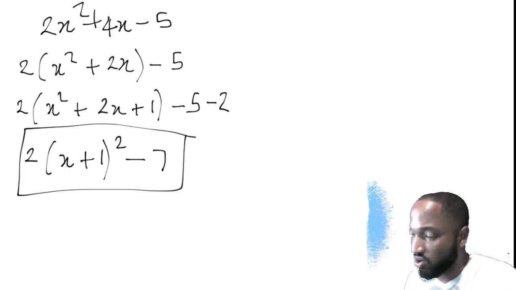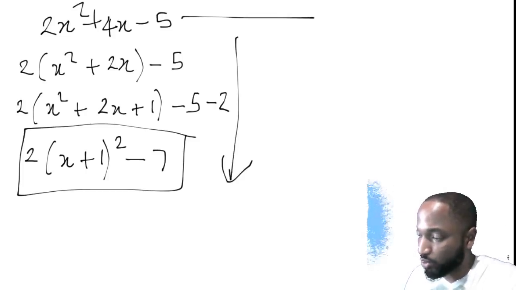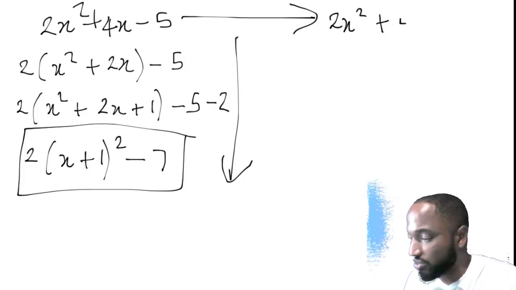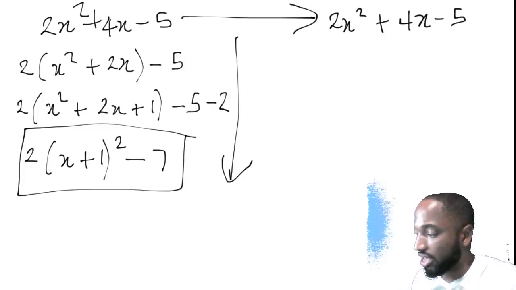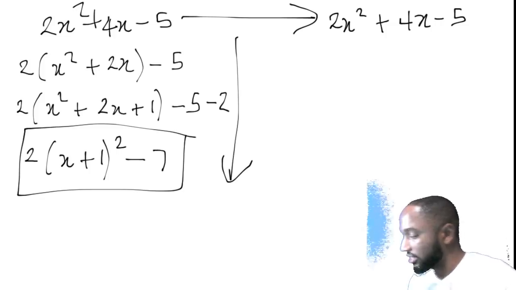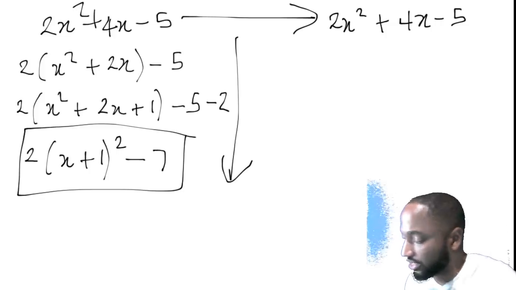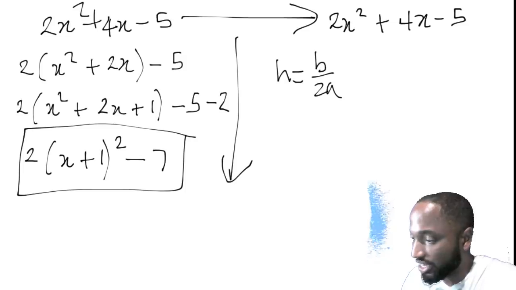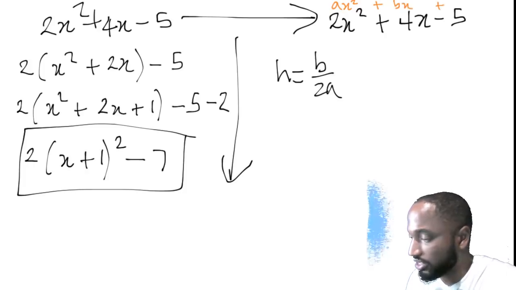So if you're lost with this method, most people, I'll say maybe 80% of people, because completing the square is sometimes challenging for the CSEC students, they use a formula method. And I have the formula method on my channel as well. So if you're lost with that method, you could go ahead with this formula method, where h is going to be equal to b over 2a, and you know this is in the form ax squared plus bx plus c.